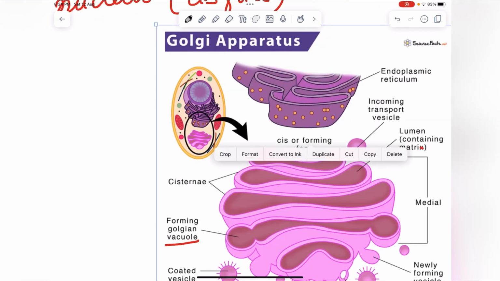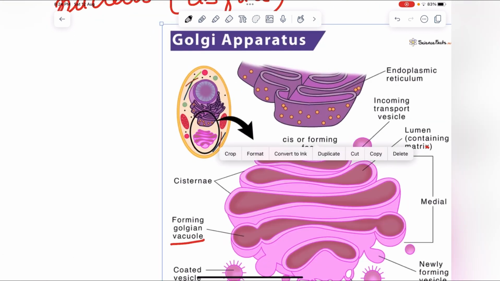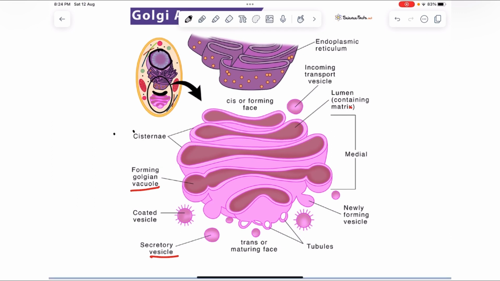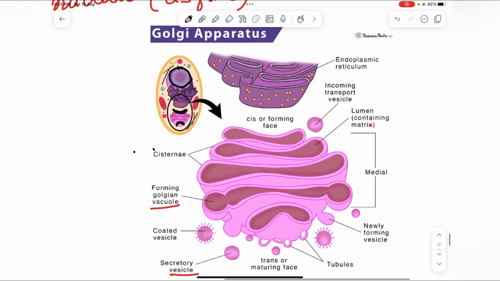See this side, this is the convex side facing towards the nucleus, and it is called cis phase. The concave side facing towards the cell membrane is called trans phase.